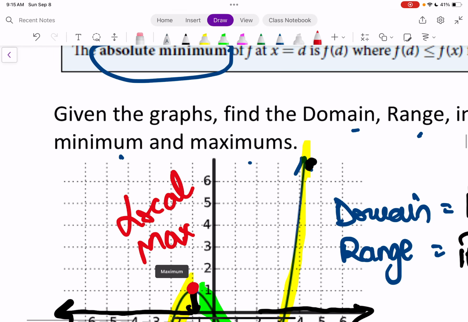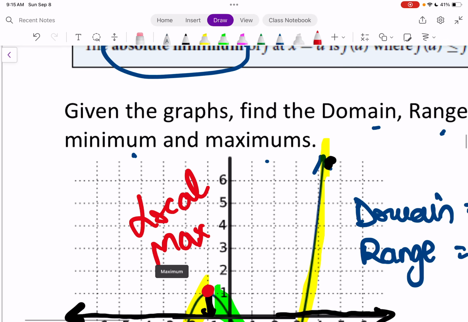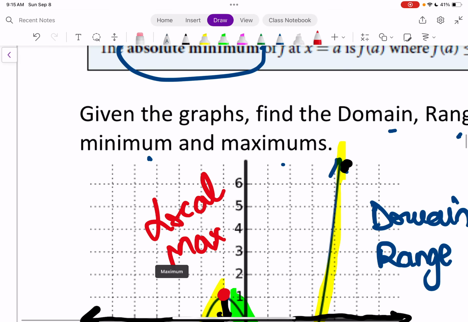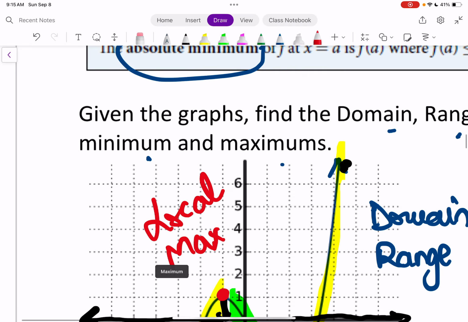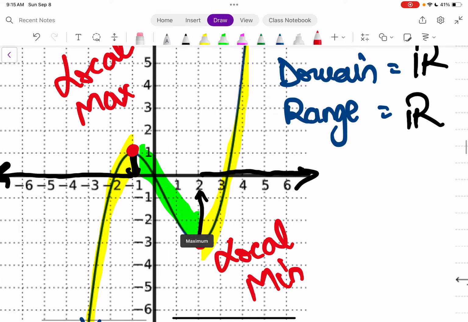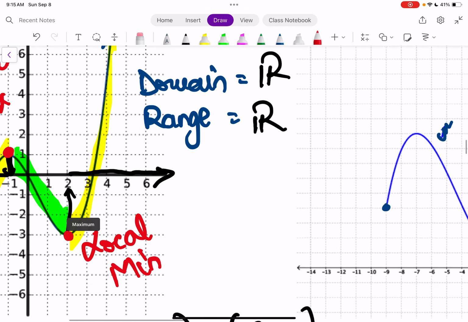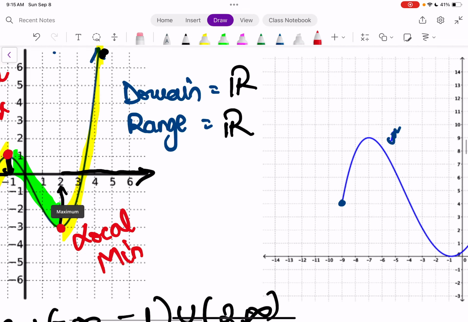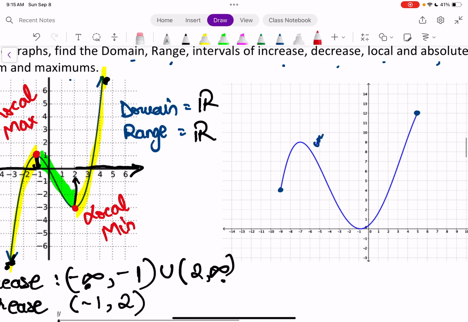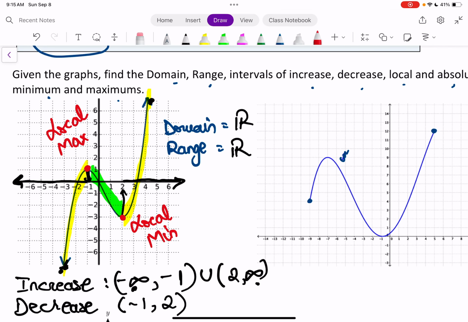It's just a point that locally in its neighborhood, as I zoom the graph around it, is the highest point in its neighborhood as I look left and right. And the same thing, a local min is a point that's the lowest in its neighborhood as I zoom in on the graph. So a local min and a max are just turning points in the graph, pretty much.